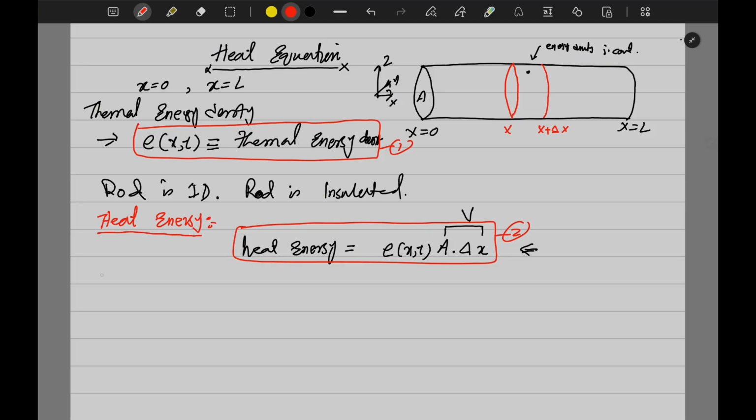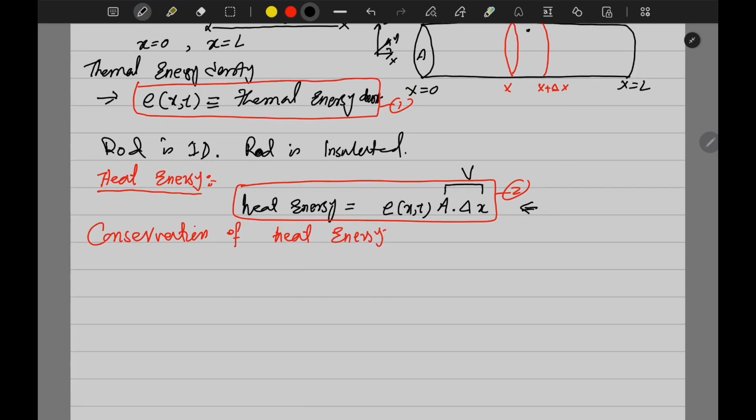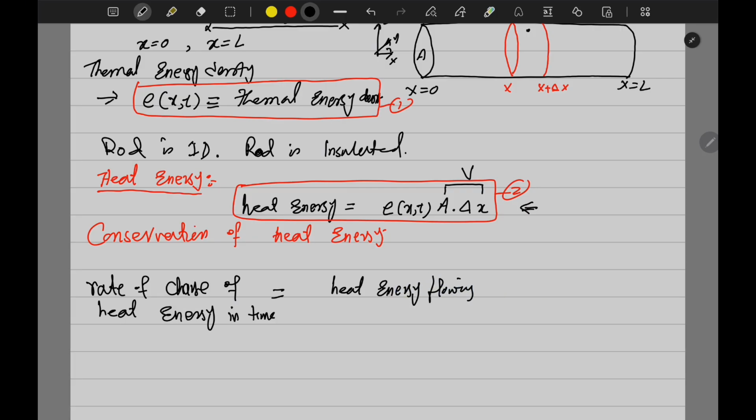Conservation of heat energy: the rate of change of heat energy in time equals the heat energy flowing across the boundaries per unit time plus the heat energy generated per unit time.